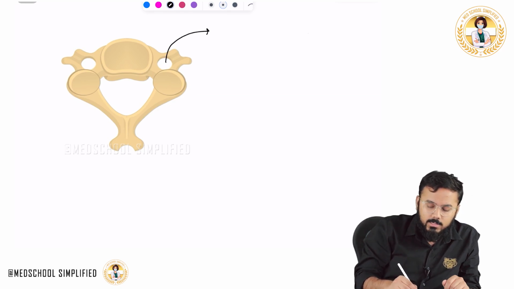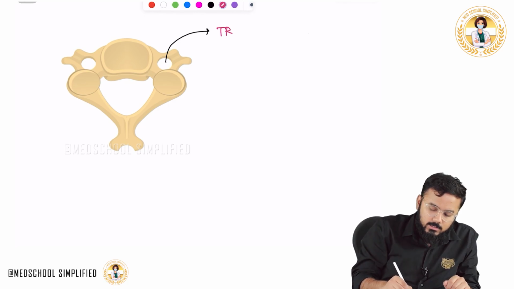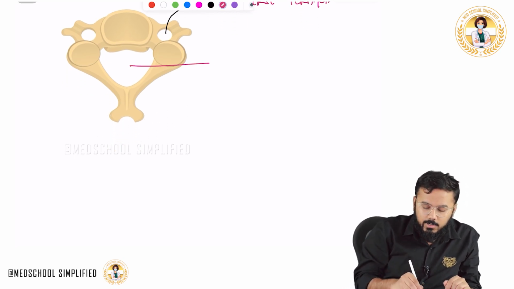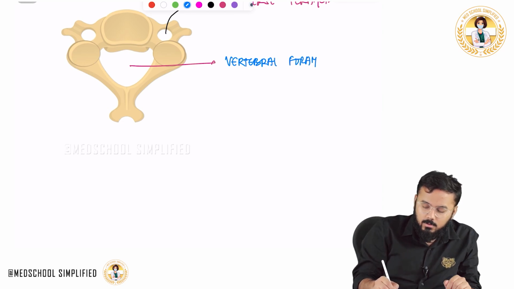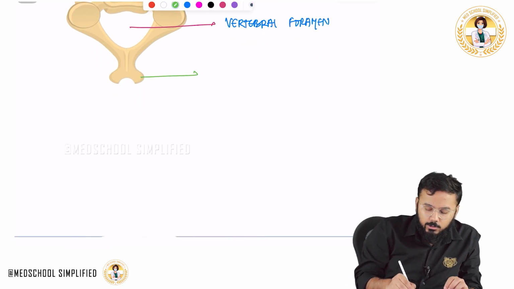Now if you look at the parts of the atlas, this particular opening which you can see is called your transverse foramen. After this transverse foramen, this opening over here is called your vertebral foramen. After this vertebral foramen, down here you see two processes.